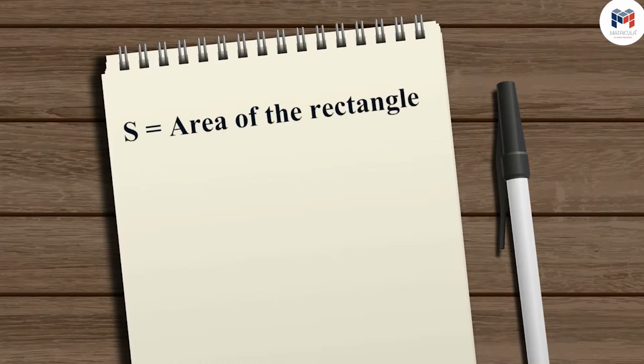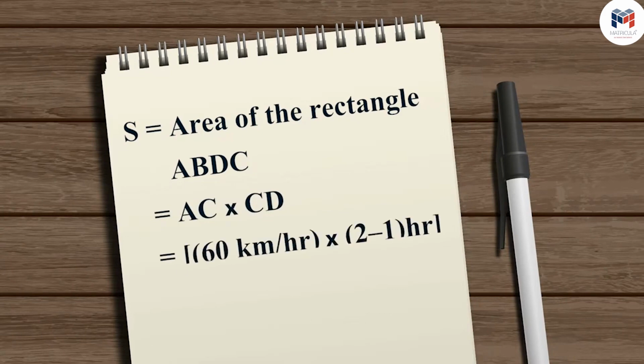So, the distance moved by the car in this time interval is S equal to the area of the rectangle ABDC, which is equal to AC multiplied by CD, which is equal to 60 km per hour multiplied by 2 minus 1 hour, which is equal to 60 kilometers.